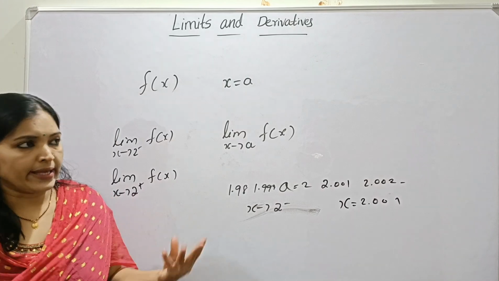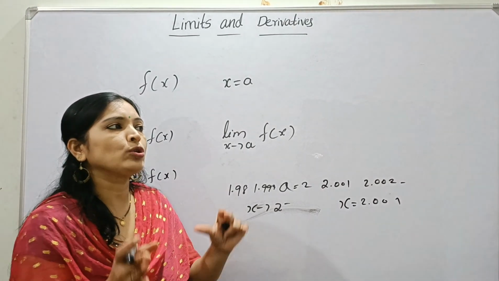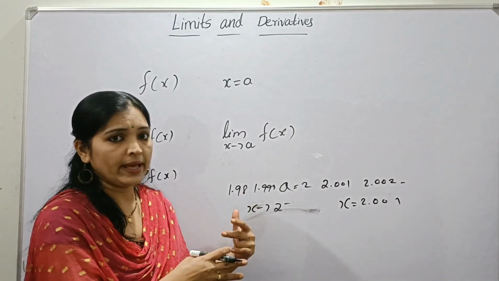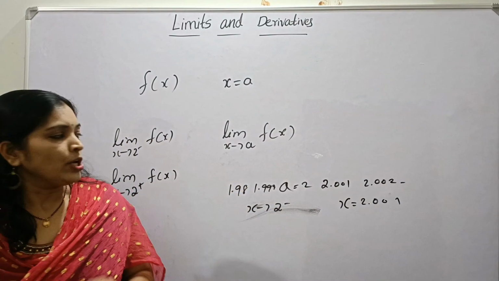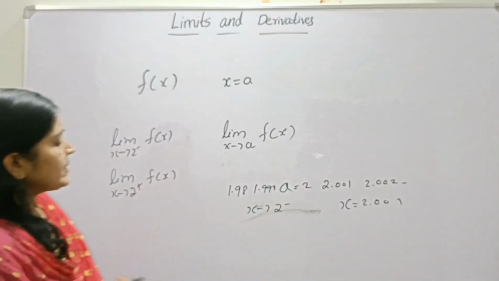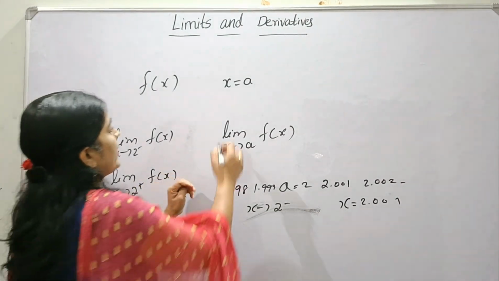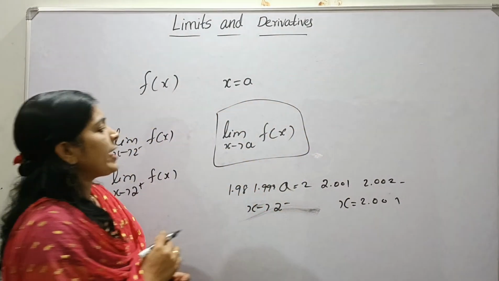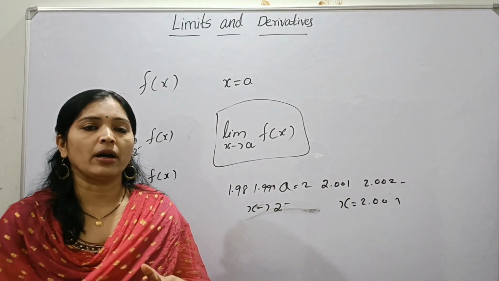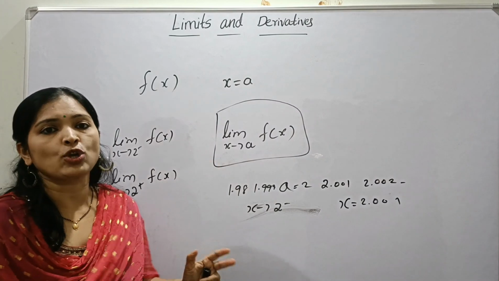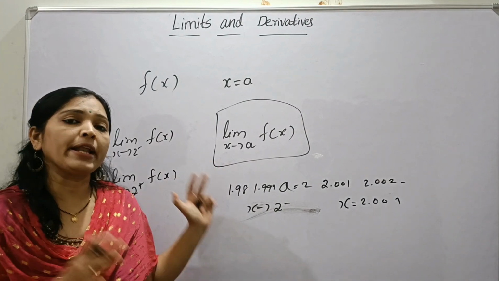As I told, x approaching may be less than 2 or greater than 2, less than a or greater than a. So for the limit x tends to a f of x, we have to check whether it exists or not. Does this limit exist?